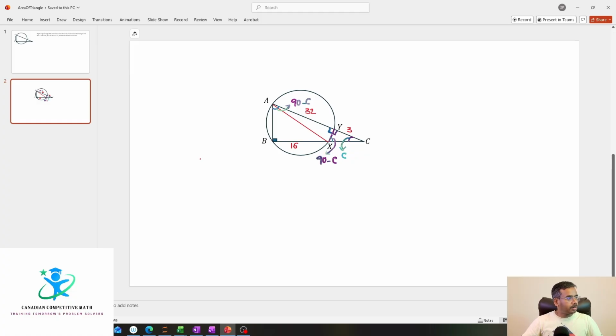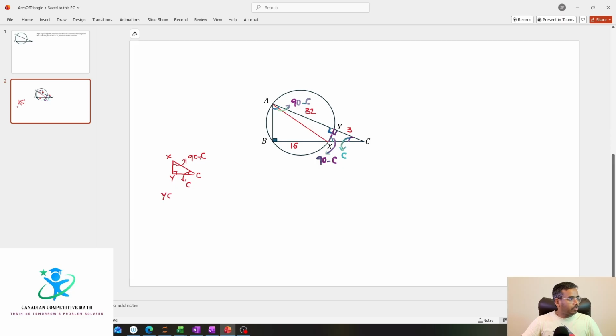I have here the triangle YXC. This is 90. This is C. This angle is 90 minus C. We know that YC is 3.